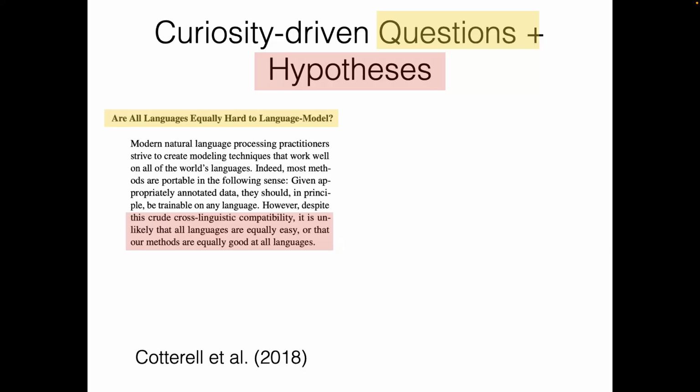So here they're saying that it's unlikely that all languages are equally easy or that methods are equally good at all languages. Then you could imagine that this can turn into a set of experiments. For example, one clear one is you take the methods and you evaluate them on different languages. If they're equally good, then that's one outcome. If they're not equally good, it's another outcome.